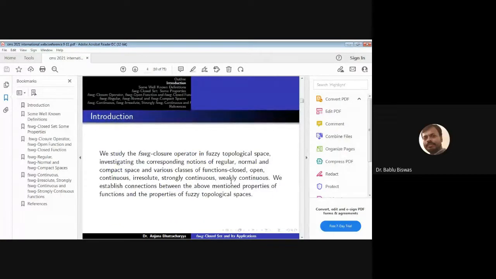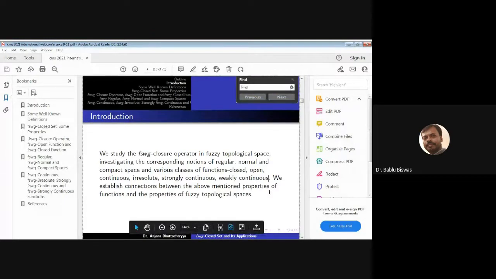Can you make it full screen? Control F. If you are using a laptop, you can press F5, or you can go to File. At the top left corner of your screen, there is a View option. View.